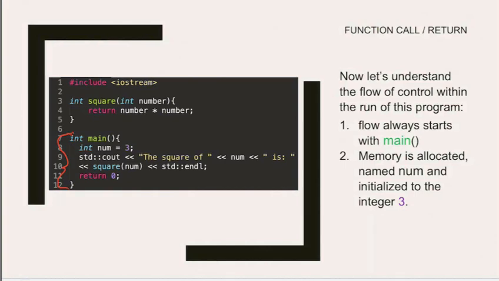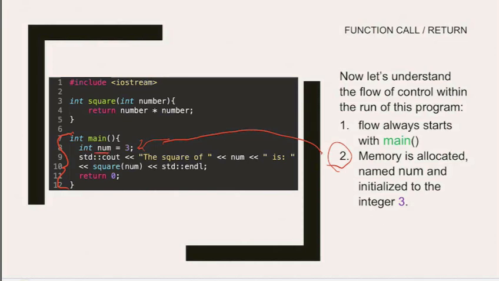So when this program loads up during runtime, main is encountered first. The next step within this program that happens is memory is allocated to hold on to an integer and the value of 3 is placed in there. So in step number 2, we're looking at line number 8. Memory is allocated.